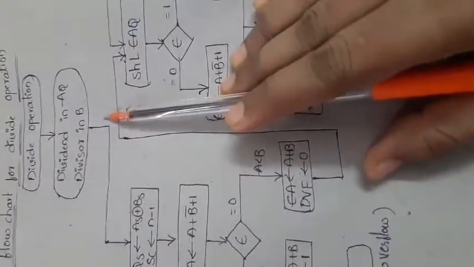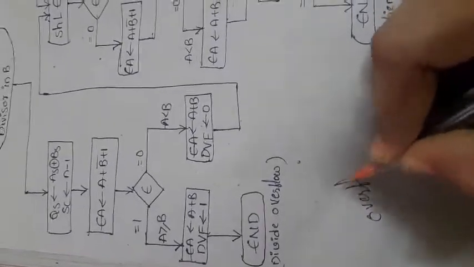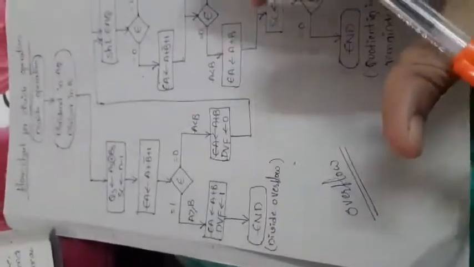But before performing this division operation, first we have to check whether there is any overflow or not. Overflow can exist in a division operation. So before performing the division, we have to check whether there will be any overflow. What is overflow?